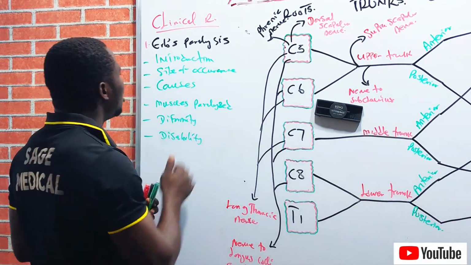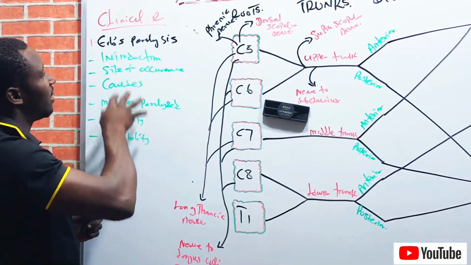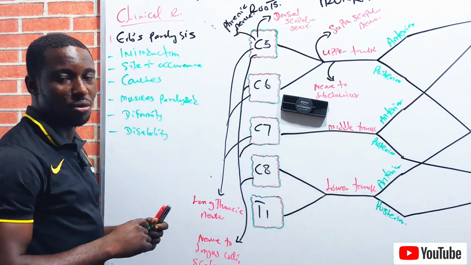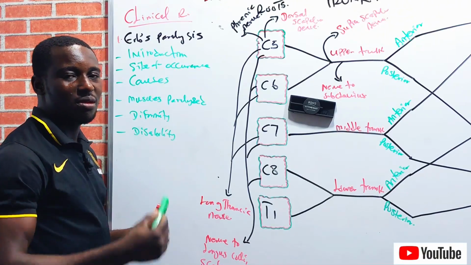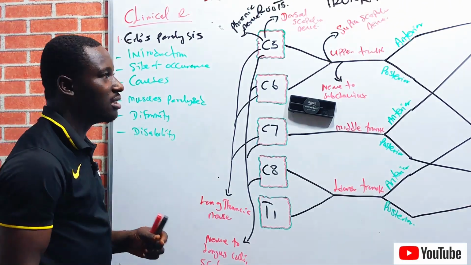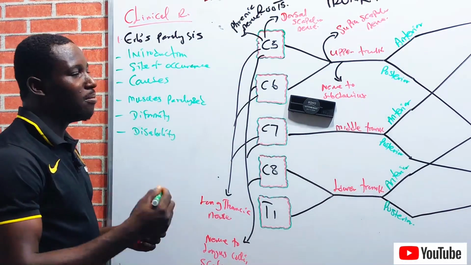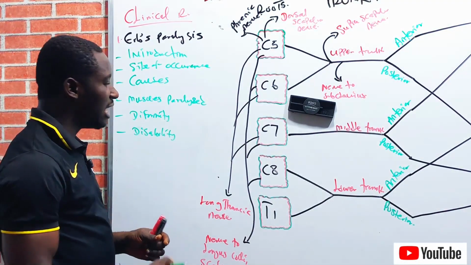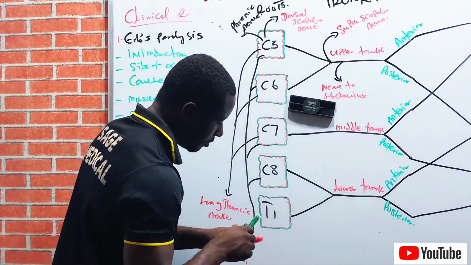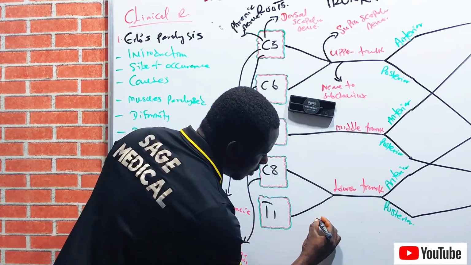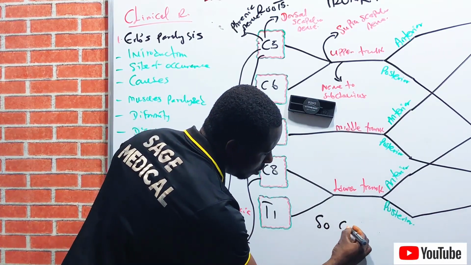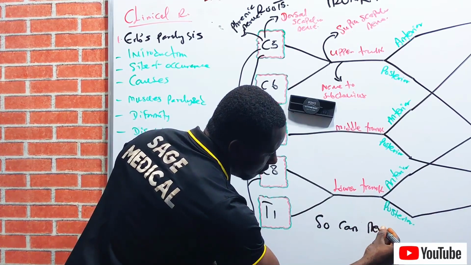Now the mnemonic to remember this outline for writing Erb's paralysis in a medical board exam is: so can nerve master deformity and disability.